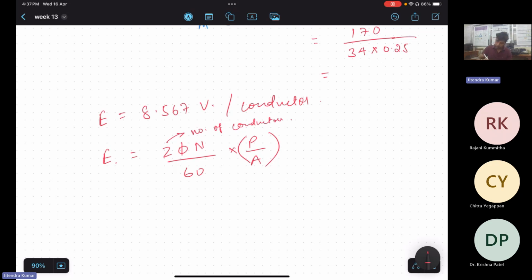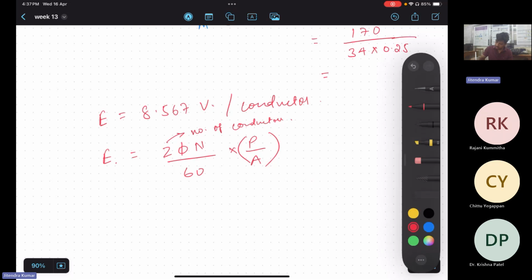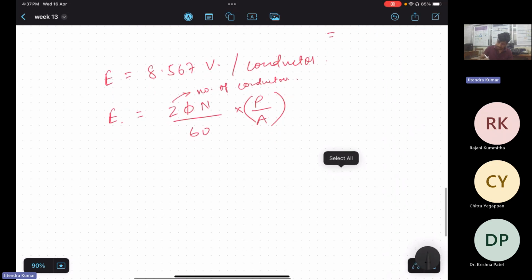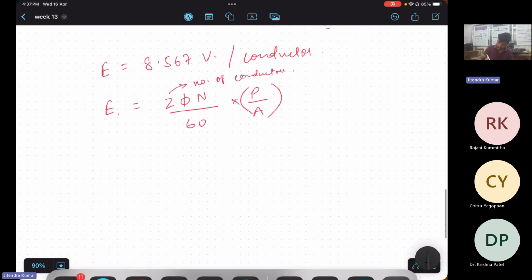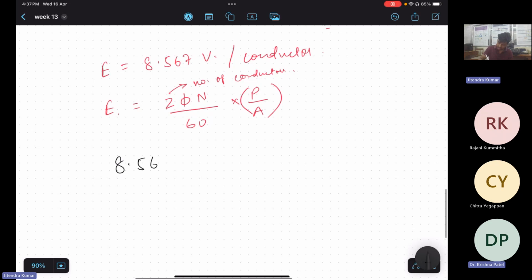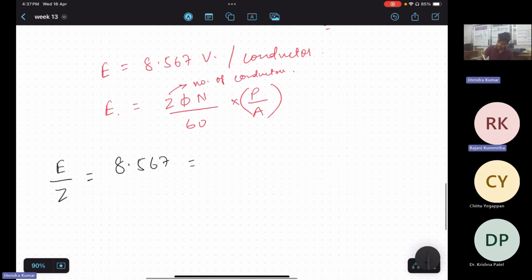If we take E by Z, then E by Z is 8.567, which equals phi N by 60.